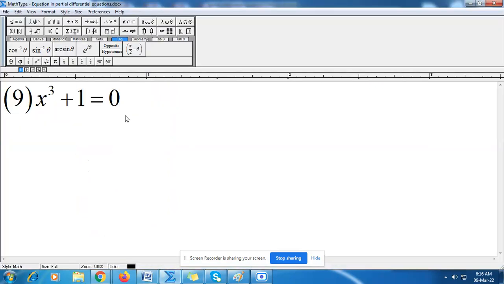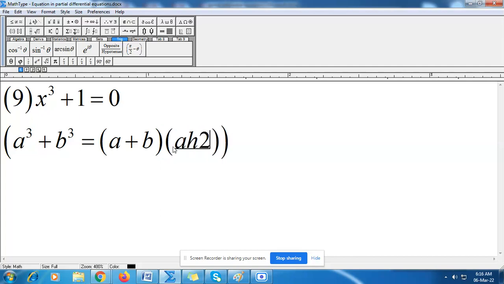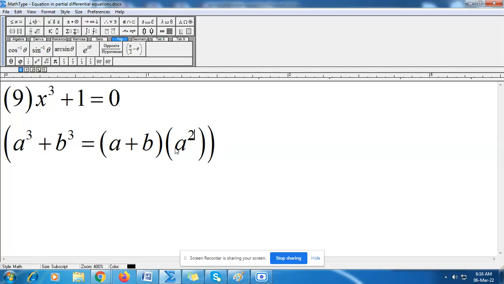And this is x cube plus 1. So this is in the form of a cube plus b cube. So we have a formula: a cube plus b cube is a plus b into a square minus ab plus b square.